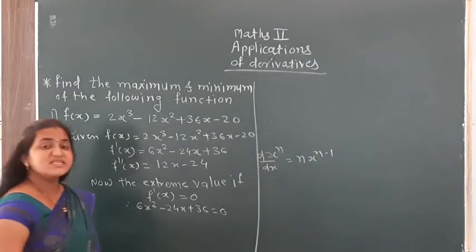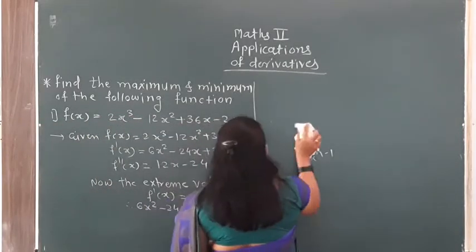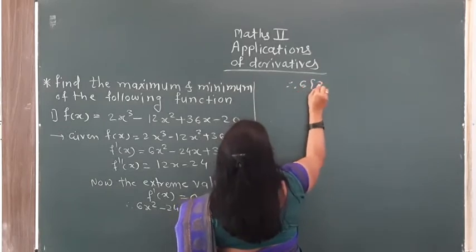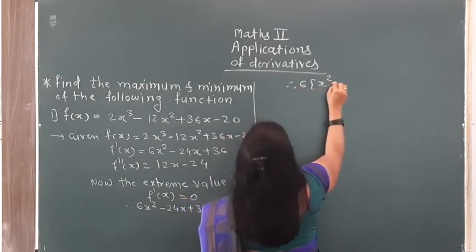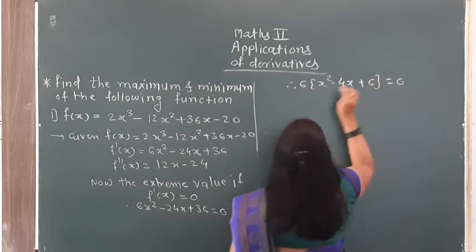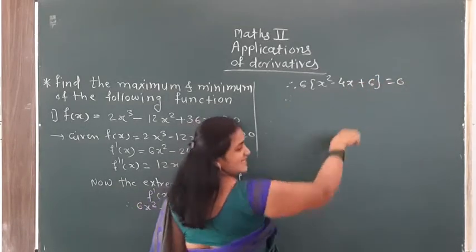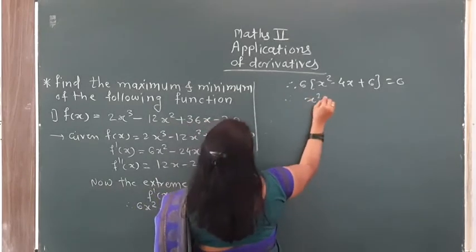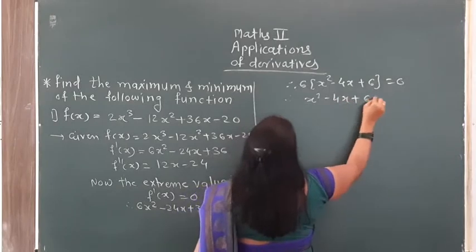In this, 6 is common, so take it outside. We get 6 times the bracket x square minus 4x plus 6 is equal to 0. Now 6 multiplied on this side is divided on the other side, and 0 divided by any number gives 0. So x square minus 4x plus 6 is equal to 0.